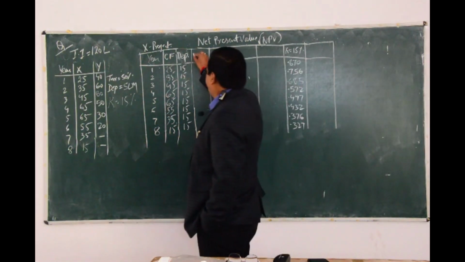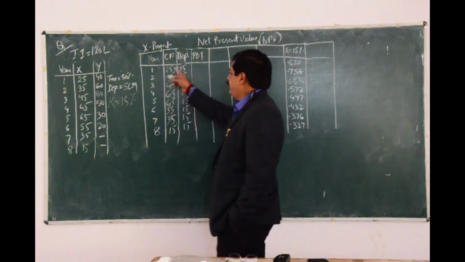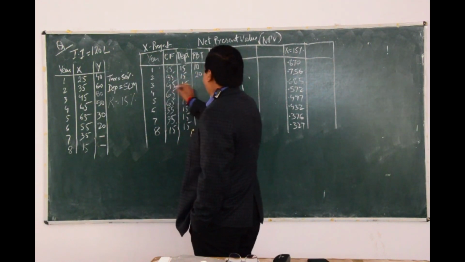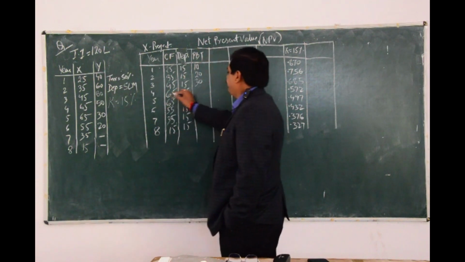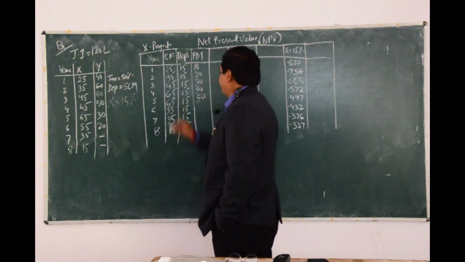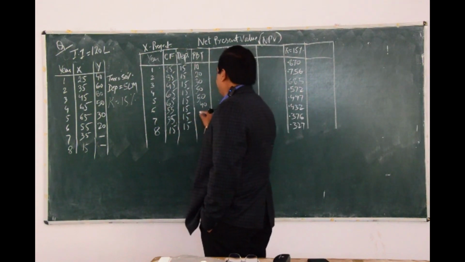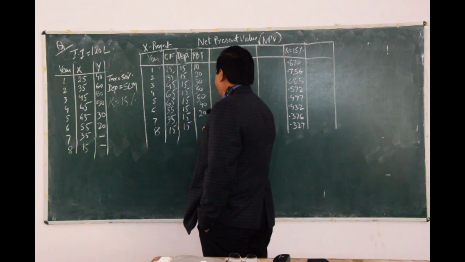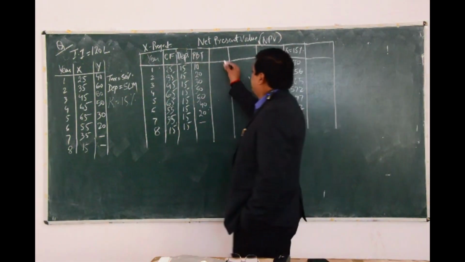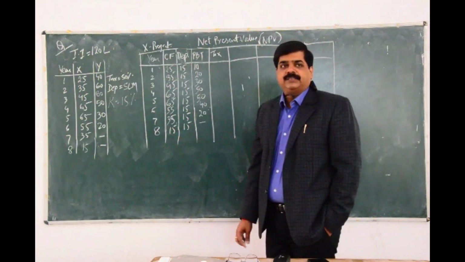Now, profit before tax. 25 minus 15, 10. 35 is 20, 45 is 30, 65 minus 15 is 50, again 50, 55 minus 15 is 40, 35 minus 15 is 20, and 15 minus 15 is nil, 0. Tax is 50%.